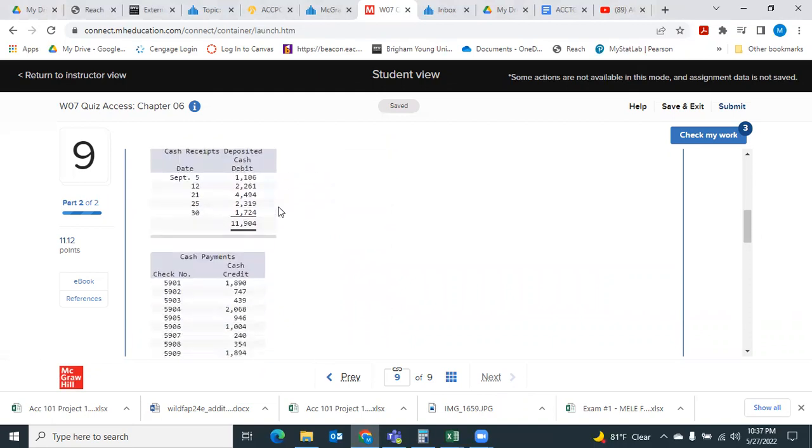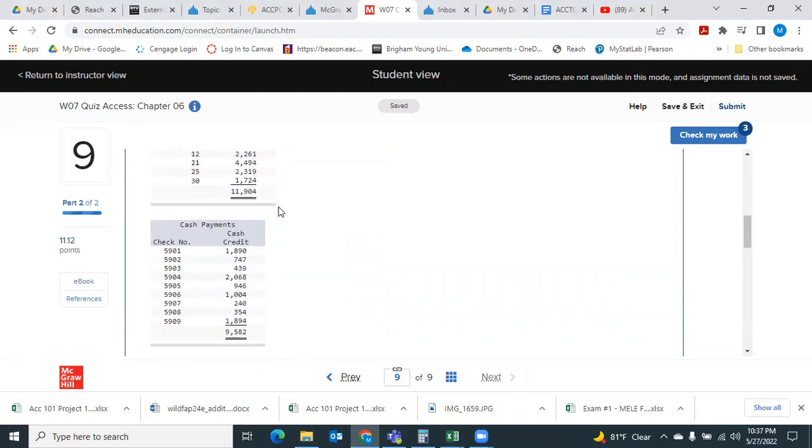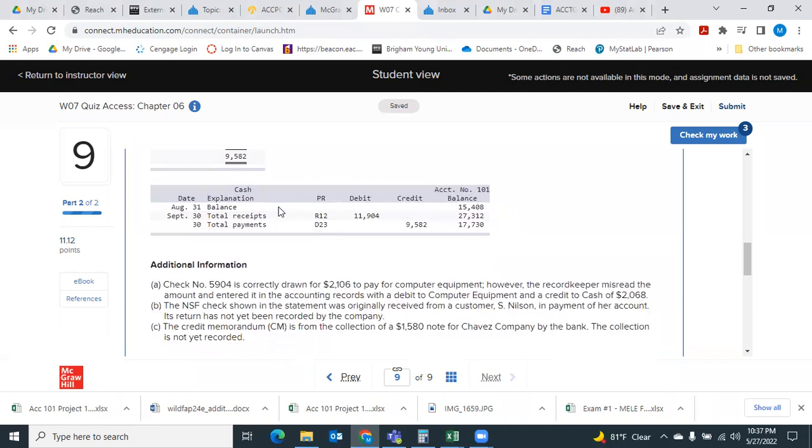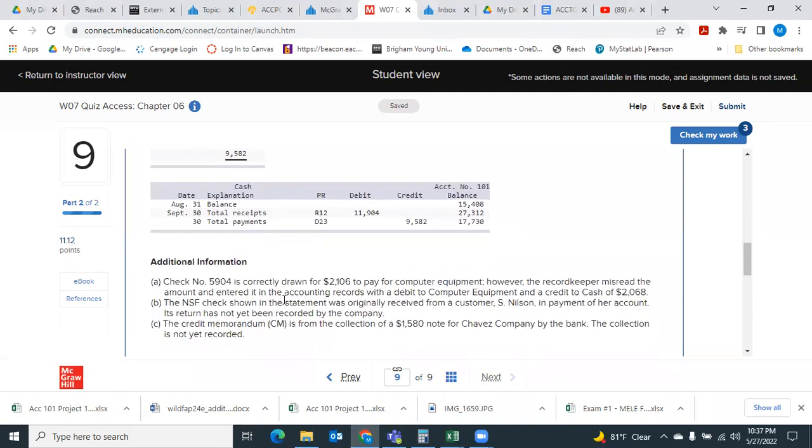And then finally, we had a bank error where we discovered check number 5904, a check we'd written for $2,106 and was correctly recorded by the bank at that amount. So it's actually a book error, not the bank error.